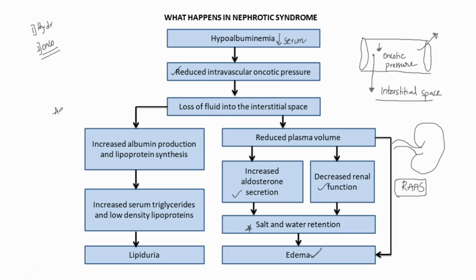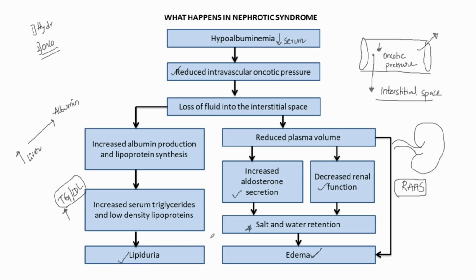So this is the reason for development of edema in nephrotic syndrome. Similarly, because there is low albumin, the body starts producing more and more albumin with the help of the liver. So the liver increases the albumin production. Similarly, it also triggers increased lipoprotein synthesis. Whenever lipoproteins are increased, they increase the levels of lipids, that is increased triglycerides and also LDL, which is the bad cholesterol, and this leads to hyperlipidemia and excretion of these excess lipids in the urine, and the condition is called lipiduria.